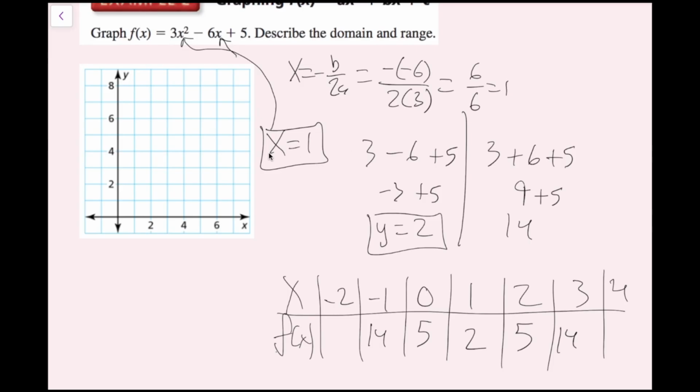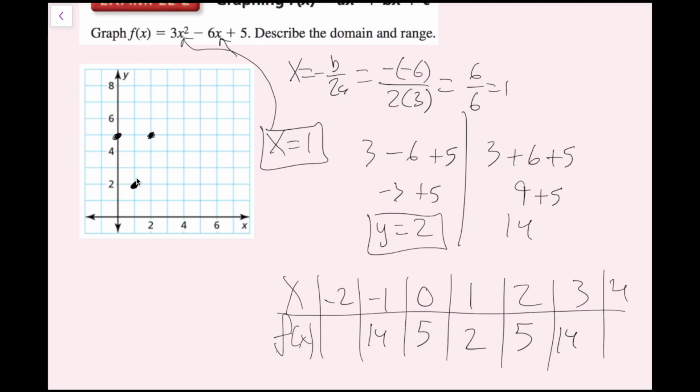Anyway, now I'm going to plot my points. So first I'll plot my vertex 1, 2. That is right here. Then my next point is going to be 2, 5. And then I will draw the symmetrical point, which is 0, 5, which happens to be the y-intercept here. And then that's it. That's all that fits on this graph, because 3, 14 or -1, 14 is not going to fit.